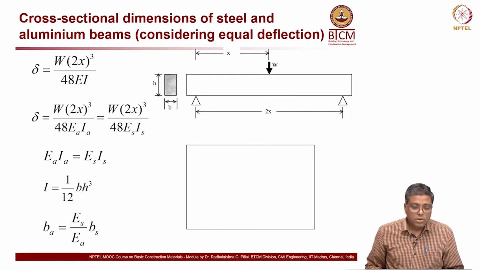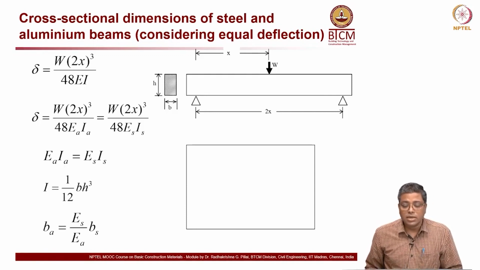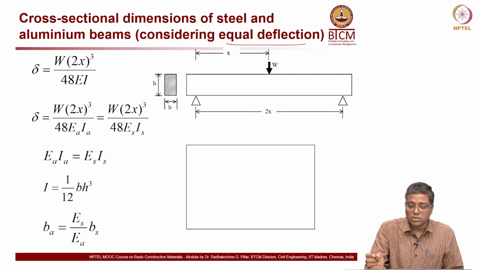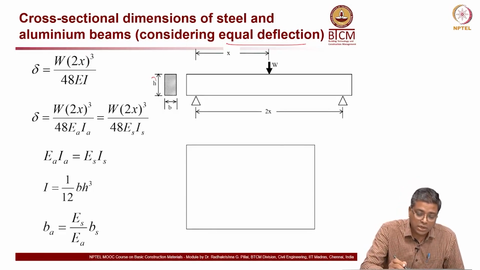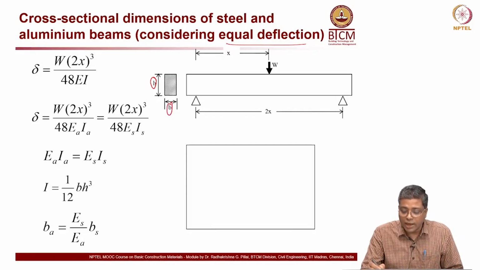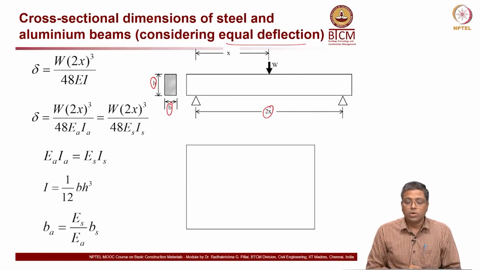Okay. Now, cross sectional dimension of steel and aluminum beams, considering equal deflection. So, this is a beam. You can see on the top right, it is a beam with a height of the cross section h and width b, and length of the beam is considered to be 2x.